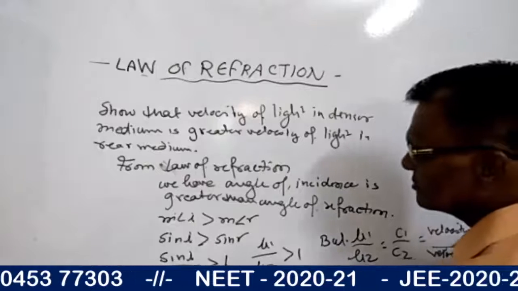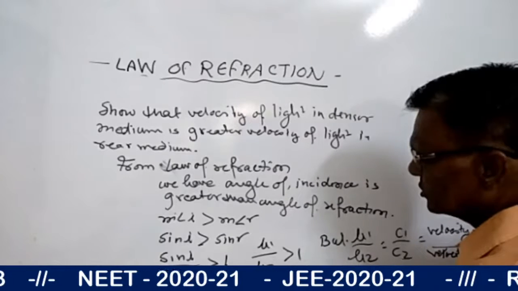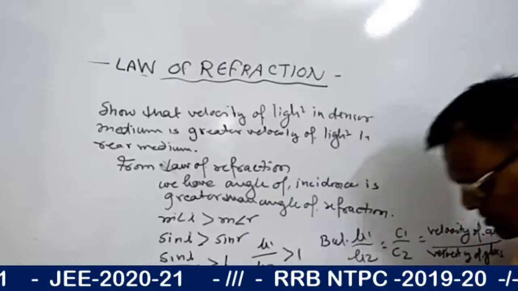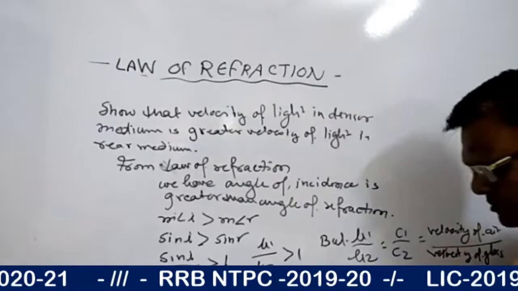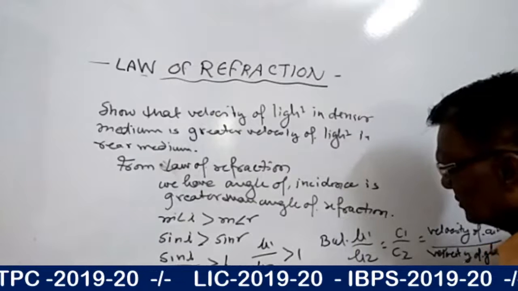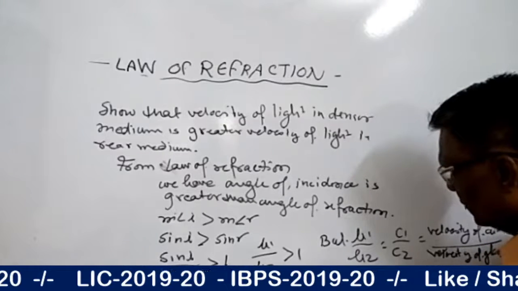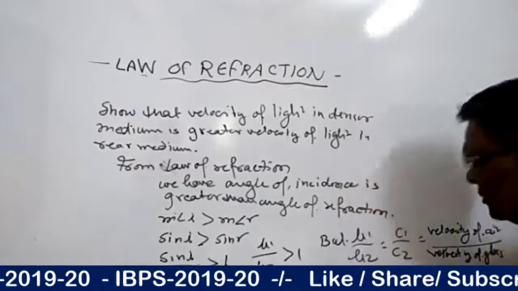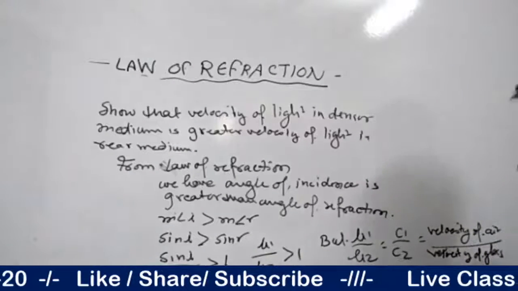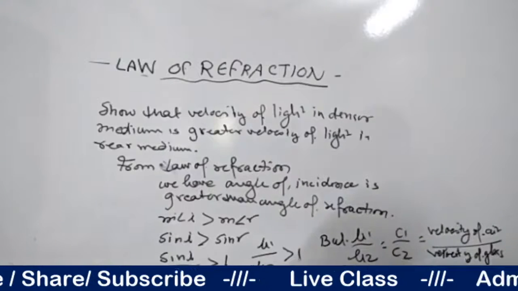Hence, C1 upon C2 is greater than 1, and we can say C1 is greater than C2. So this is proved that velocity in denser medium is more than velocity in rare medium.